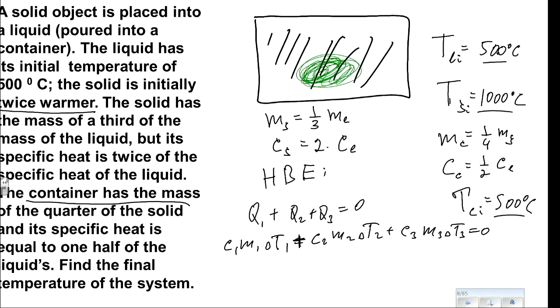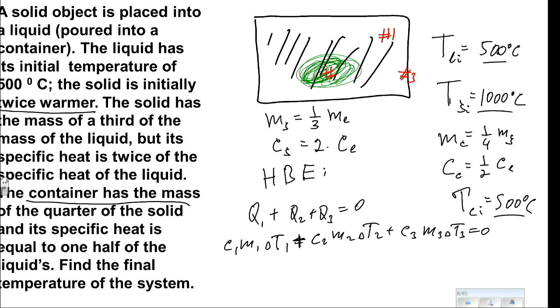What do you want to call object number 1? Container, liquid, or the solid? Liquid. Number 2, the solid, and that automatically gives number 3 to the container.